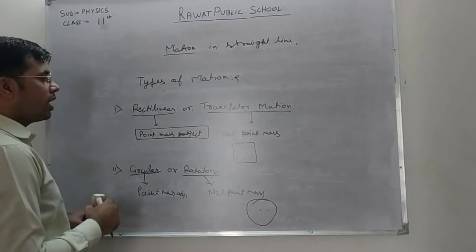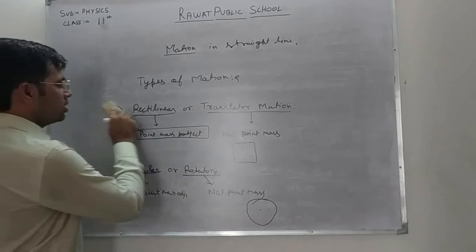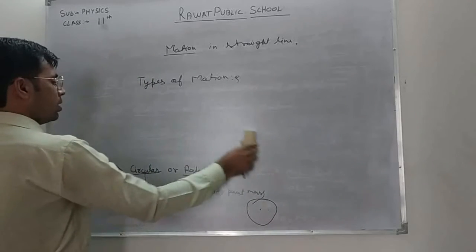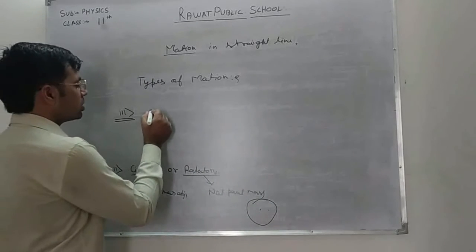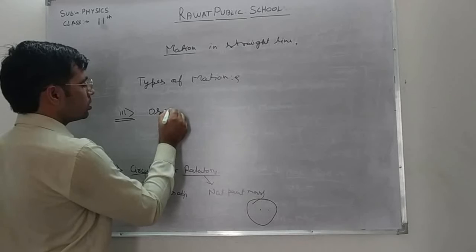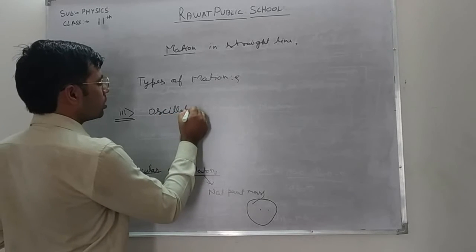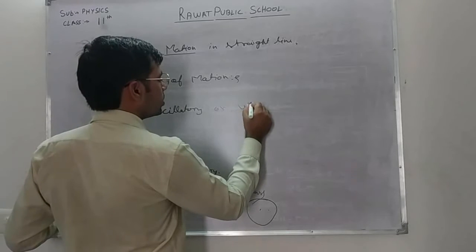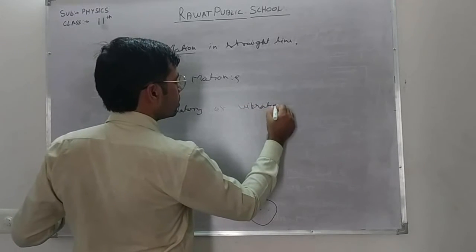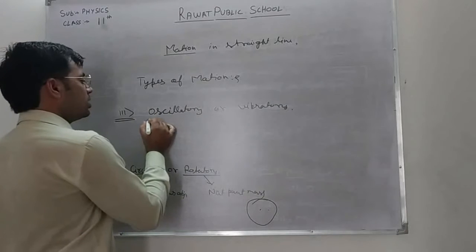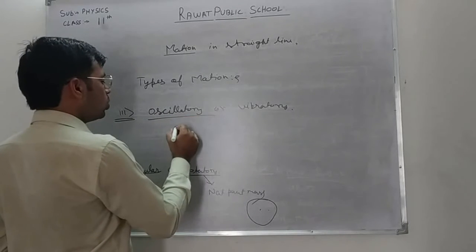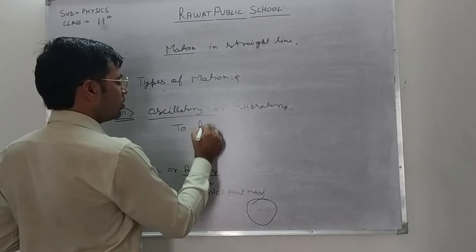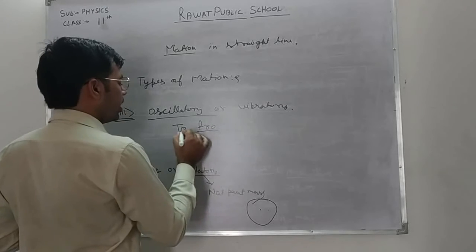Okay, now the third type of motion, I'm erasing this one. The third type of motion is oscillatory or vibratory. Oscillatory motion means to and fro motion of the object.